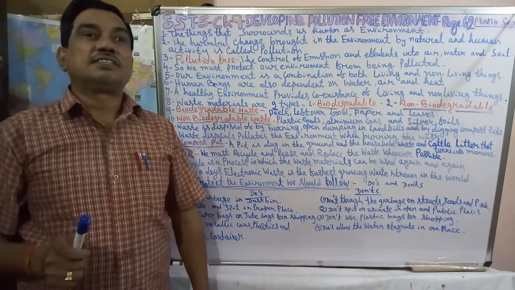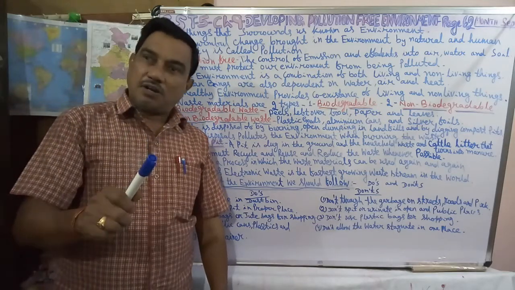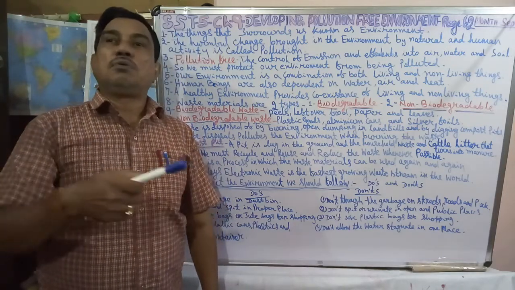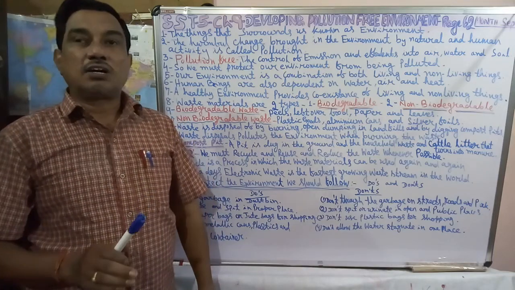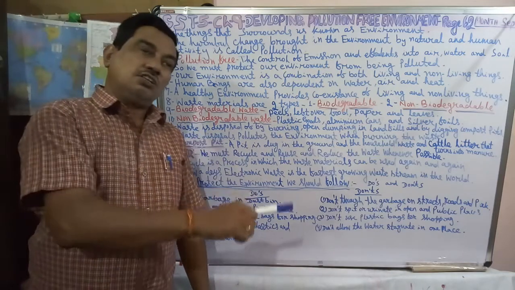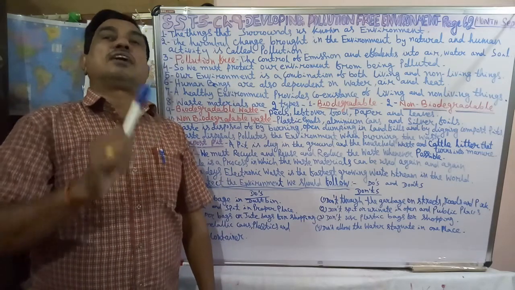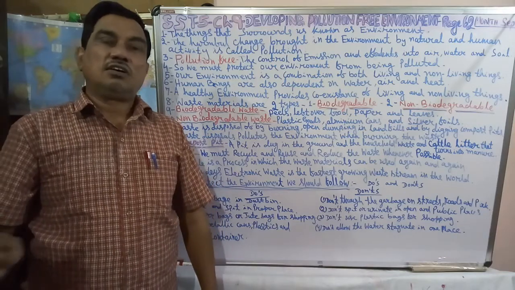The peels, leftover food, paper and leaves, these all are biodegradable. They will decompose. But those which are not decomposed are non-biodegradable. They cannot mix with the soil or air.